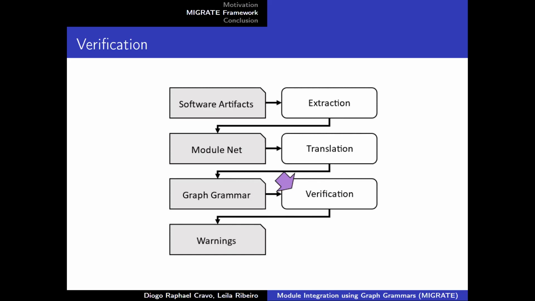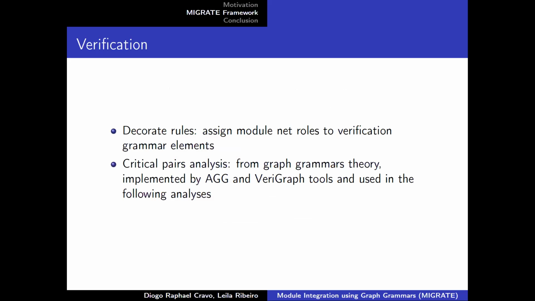So the verification grammar is given as input to the verification procedure. And in this procedure, the first thing we do is we look at the verification grammar rules, and we try to find which roles each of its graph elements play.